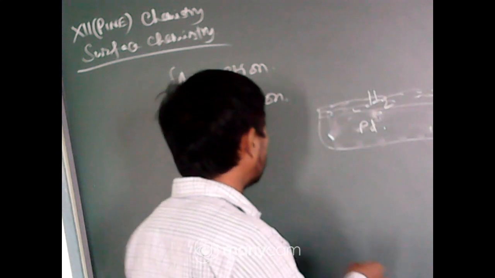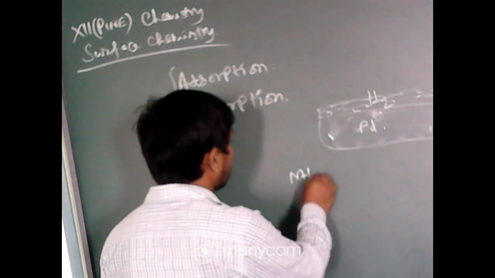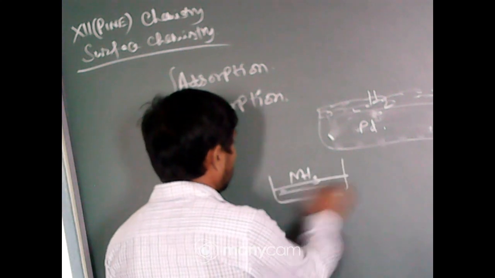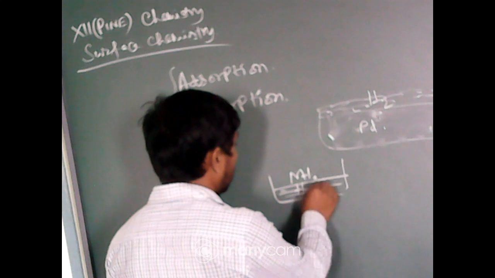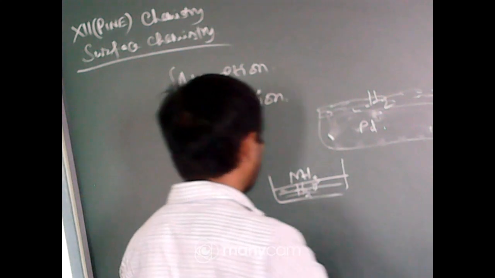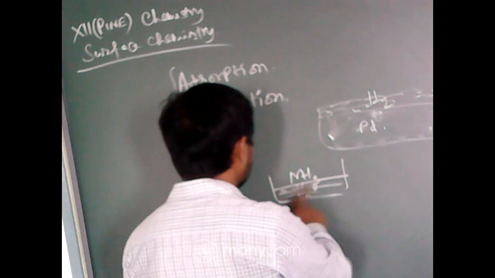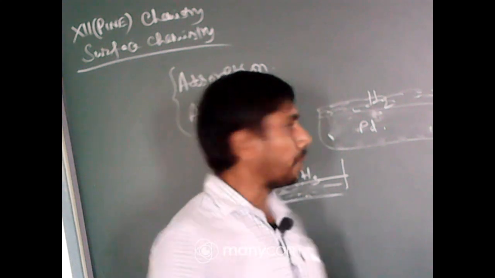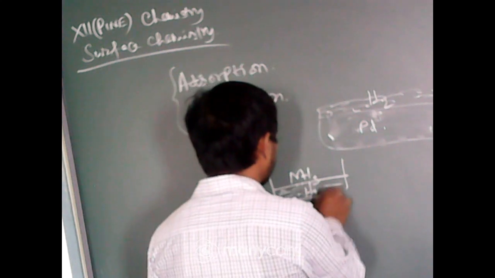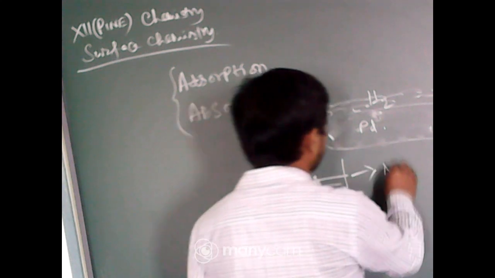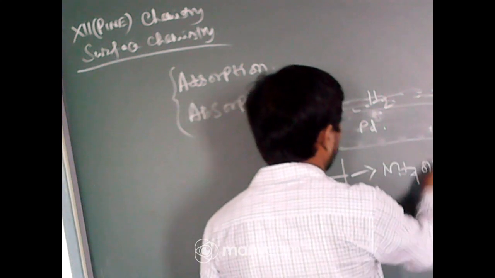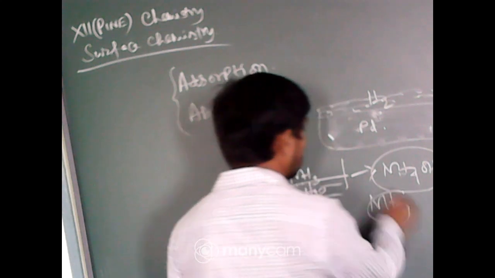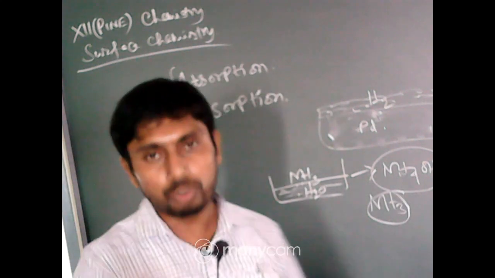Okay. But when NH3 gas is passed over water, H2O, then what happens? It produces NH4OH, and the concentration of NH3 is the same throughout the bulk.